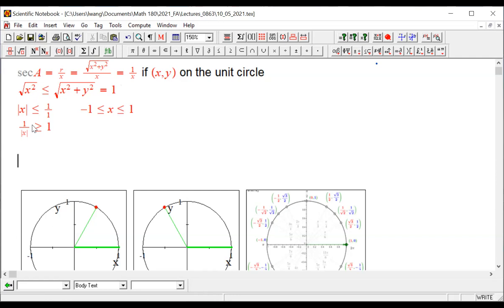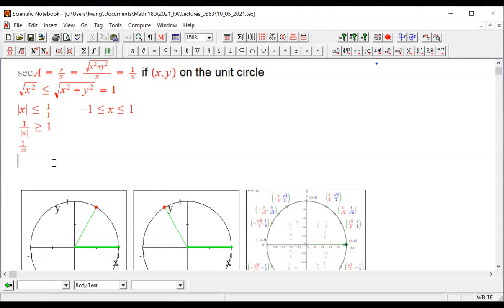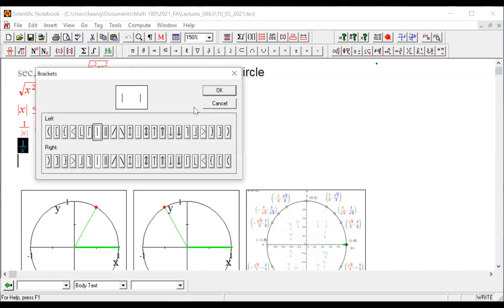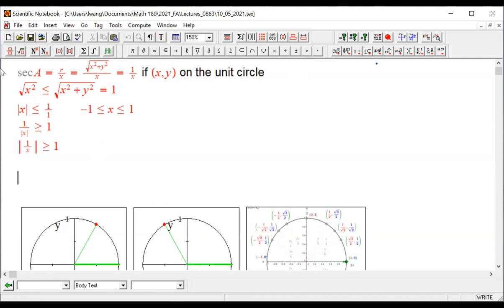So now we look at 1 over x. The absolute value of 1 over x is greater than or equal to 1. What does that imply? 1 over x is secant.